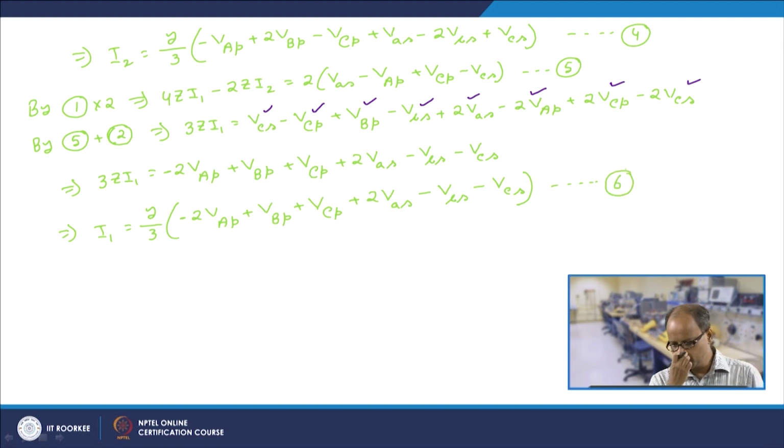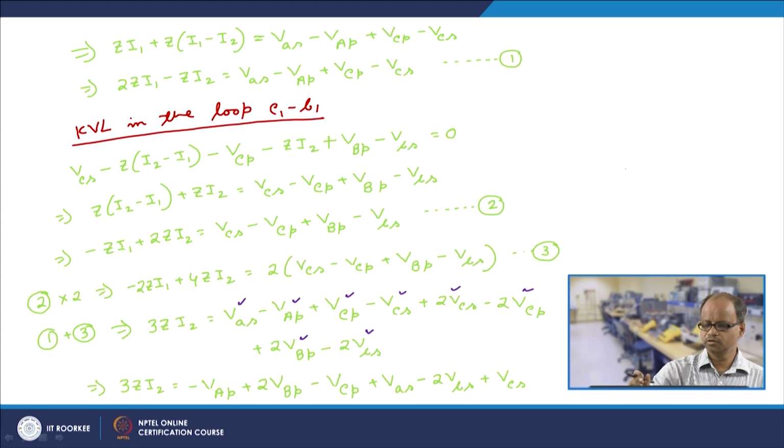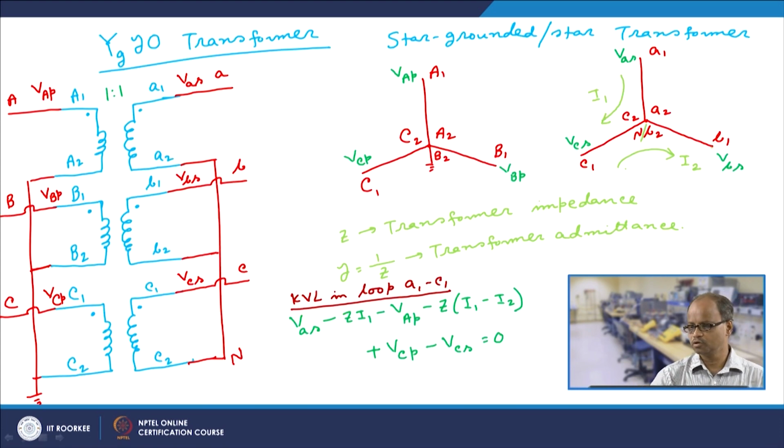Six and 4 are the equations of I1 and I2. So, with these equations of I1 and I2, now we are ready to write down the equation.